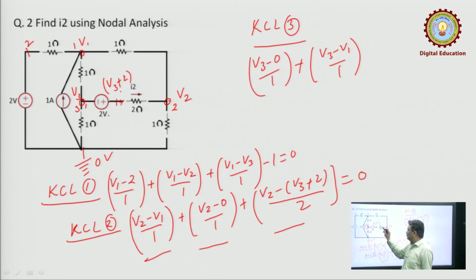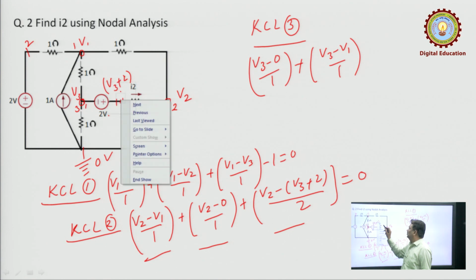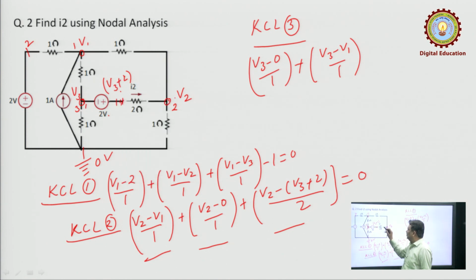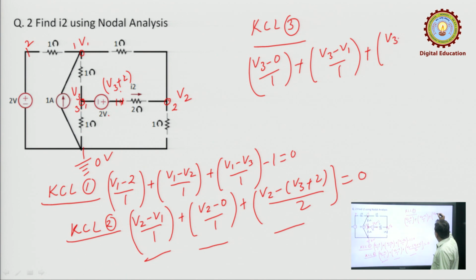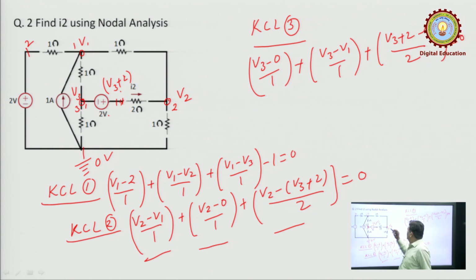So, these are the two ends of the resistor in this branch. So, voltage of this is V3 plus 2. So, V3 plus 2 minus V2, voltage of this point is V2, divided by 2, this will be current in this branch. So, plus V3 plus 2 minus V2 divided by 2 equal to 0. 3 branches 1, 2, 3, summation of 3 currents must be 0.